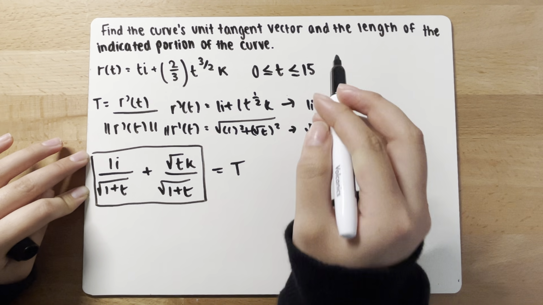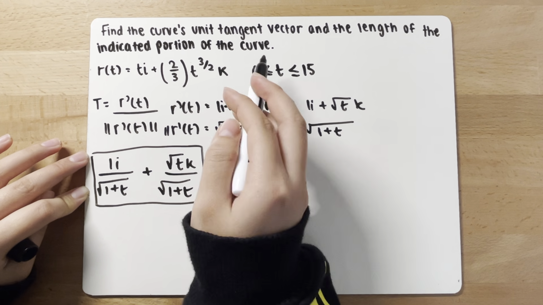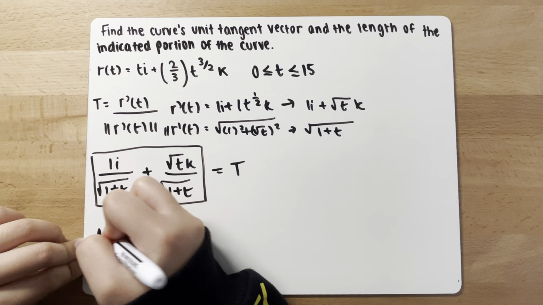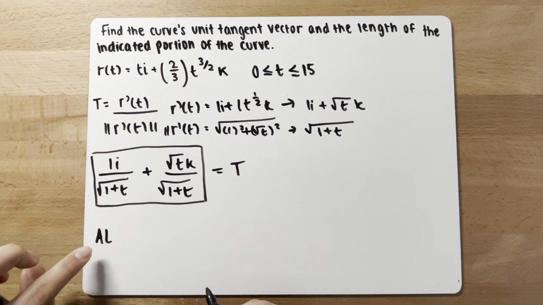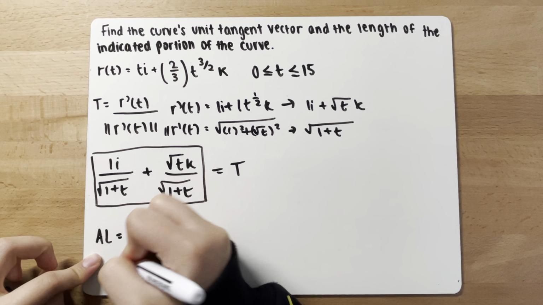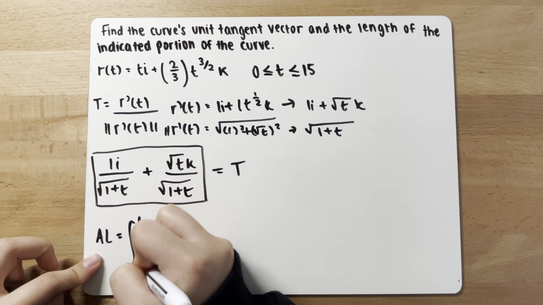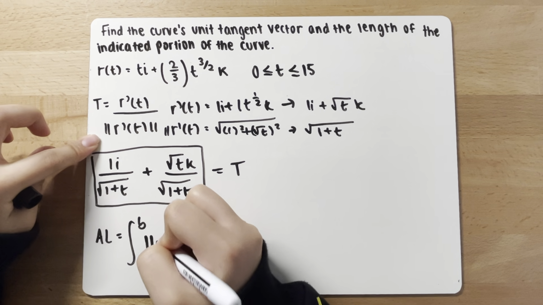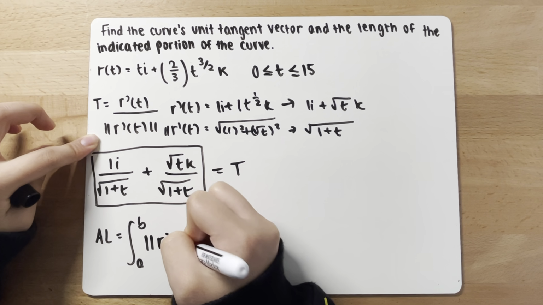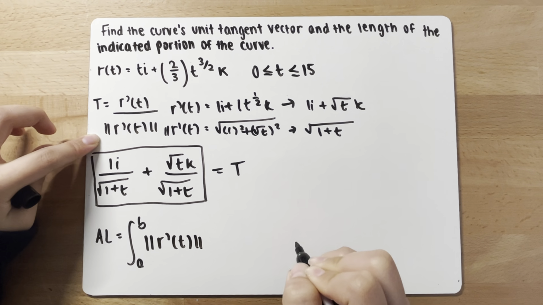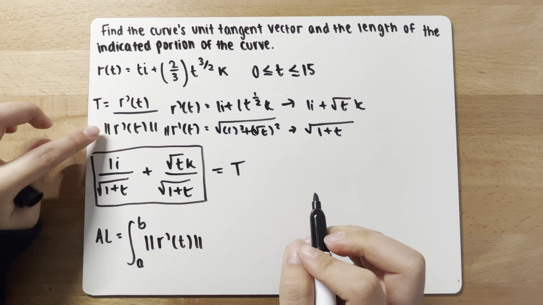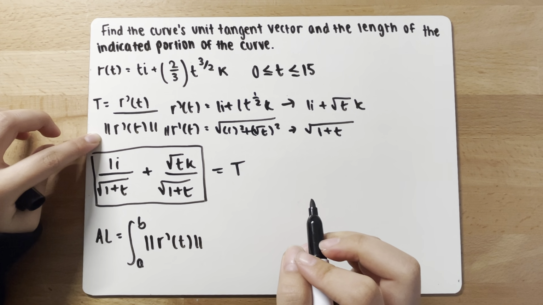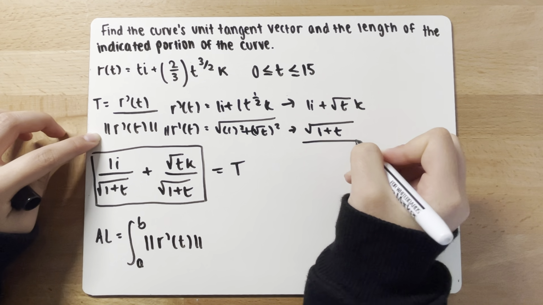Moving on, find the length of the indicated portion of the curve. To find the length, you can use arc length. Use this formula: arc length is equal to the integral from a to b of the magnitude of the velocity, which is the magnitude of r prime t. We solved for r prime t earlier on, because it's right over here.